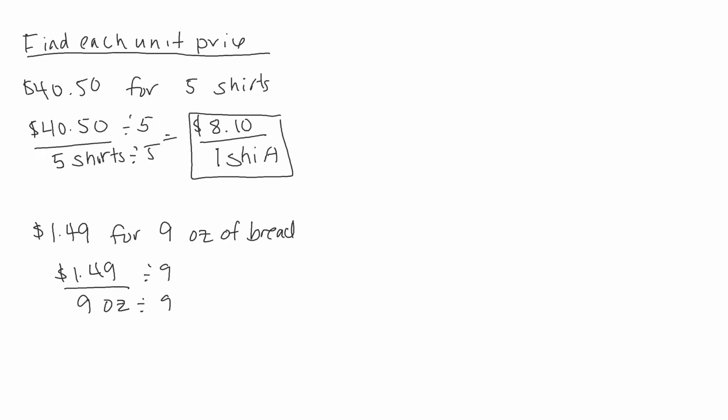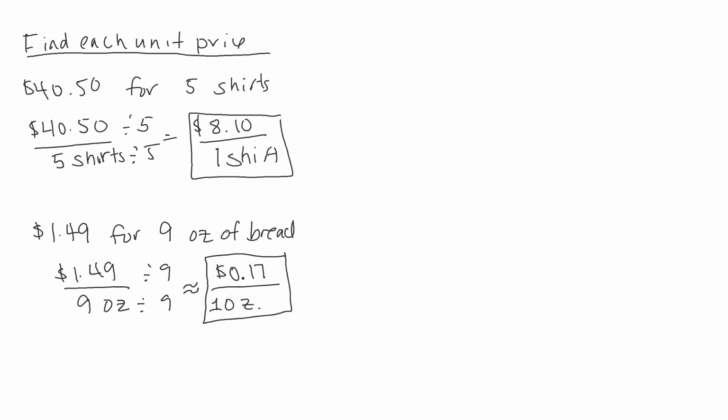Okay, so if you type this into your calculator, you're going to get 0.165555555 repeating. So we're going to go ahead and use the approximate equal. So that's just kind of the wavy equal sign. All right, $0 point. We want to round this. So we're going to say it's approximately 17 cents per 1 ounce of bread.